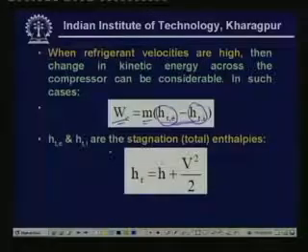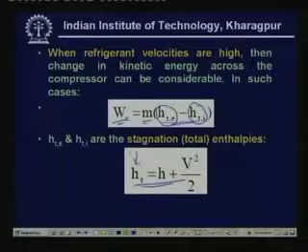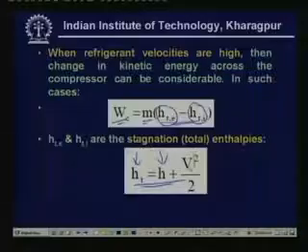These two are related by this expression, where hT is the stagnation or total enthalpy, h is the static enthalpy, and V is the velocity of the refrigerant. As you can see, when the velocity is negligible, hT will be almost the same as h, that means the static enthalpy will be close to the stagnation enthalpy.